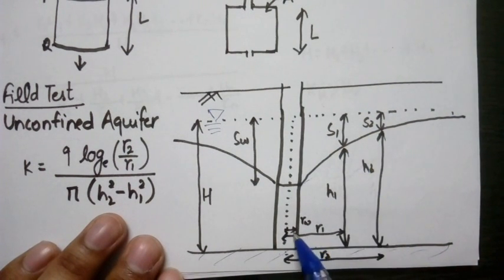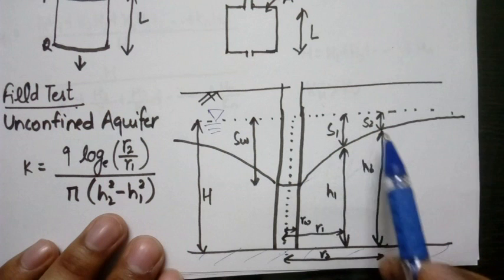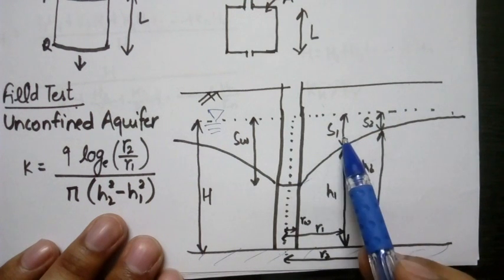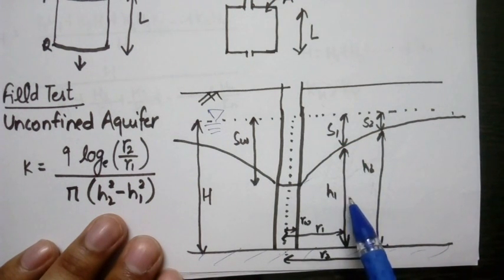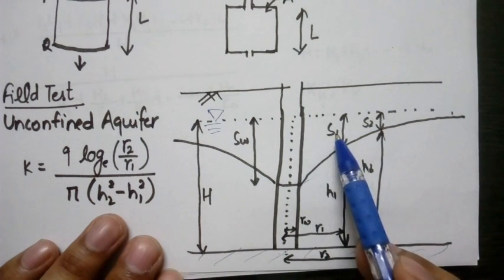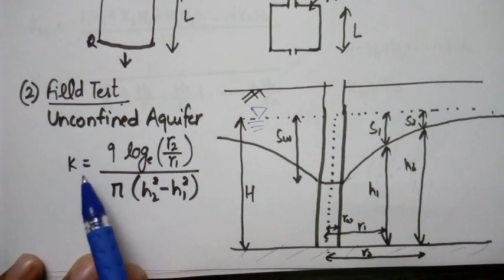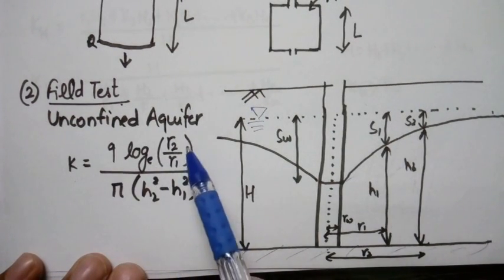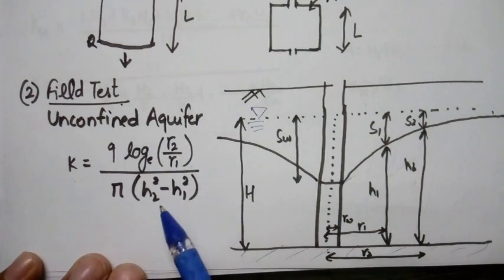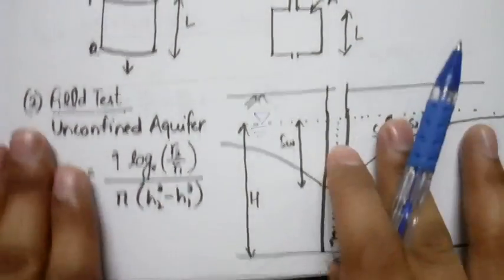S1 is drawdown at distance r1 and S2 is drawdown at distance r2. h1 is the difference between this H and S1. So we use the formula here, K equal to Q log e r2 by r1 upon pi into h2 square minus h1 square.